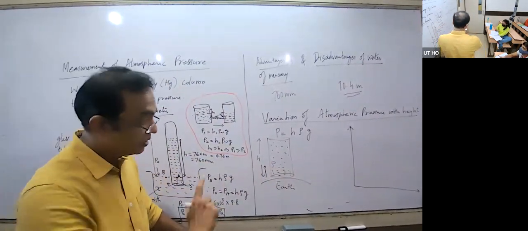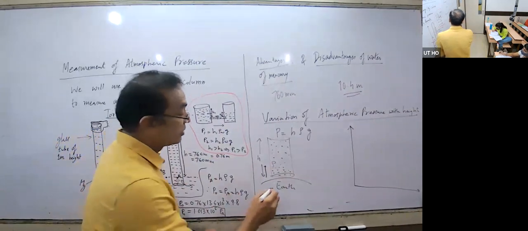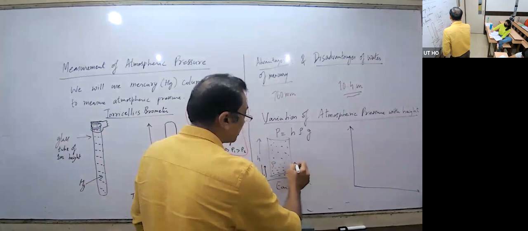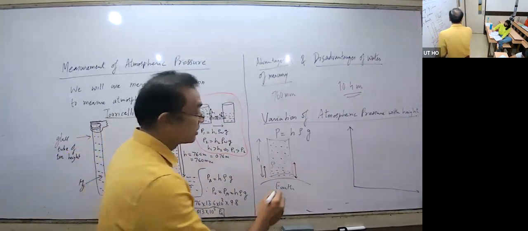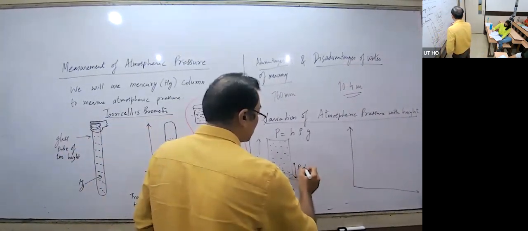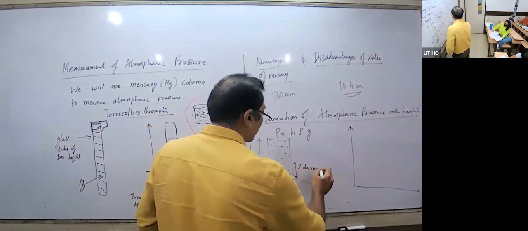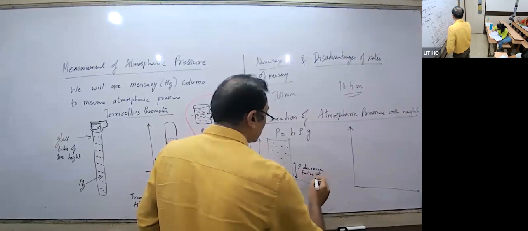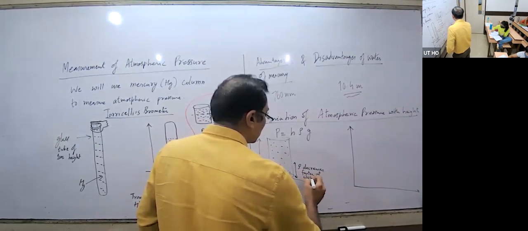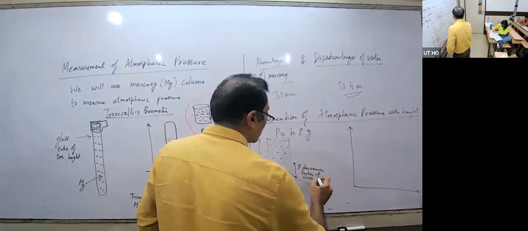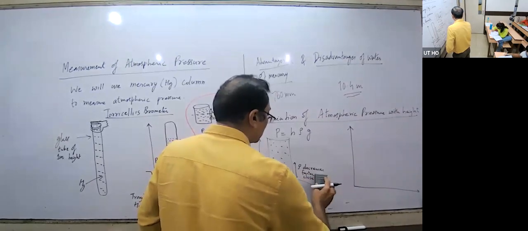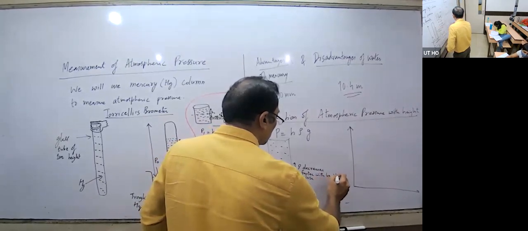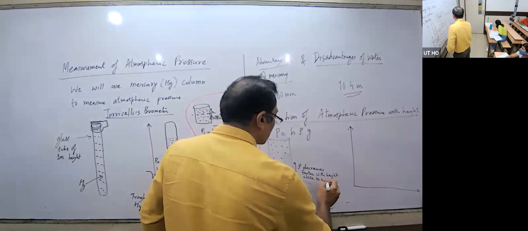Got it? There is no linear decrease. The density reduces faster at heights closer to the surface of Earth. Right? Density, rho, decreases faster with height close to Earth's surface. Is it clear?